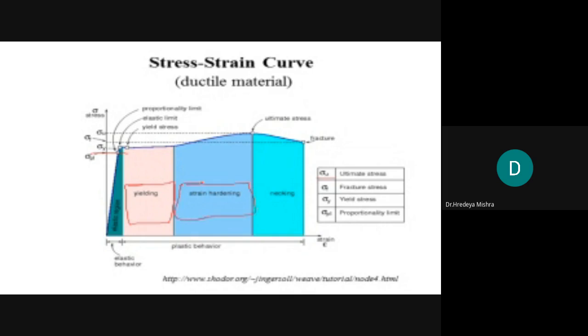Now see here, this is the strain hardening. What is the meaning of that? We increase the load, but the change in the stress is very low in comparison to here.